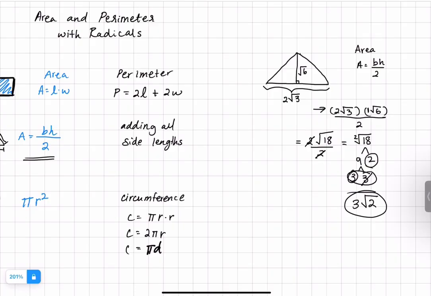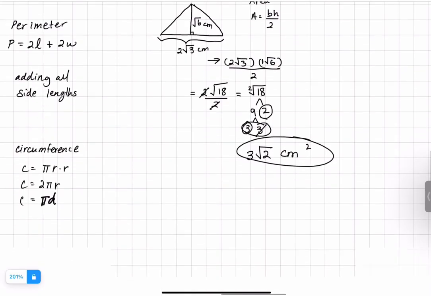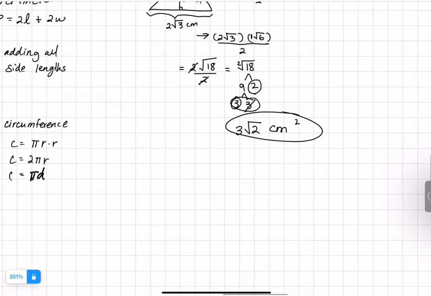But there's something missing in this answer. When we find area, we've got to put units squared. So make sure you remember this. If there was something like centimeters, then we put centimeters over here, squared. Just make sure your answer is written like that to get full credit.